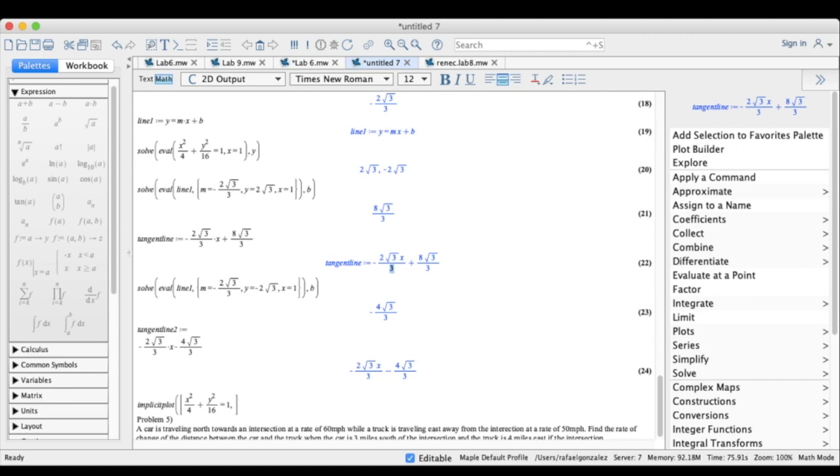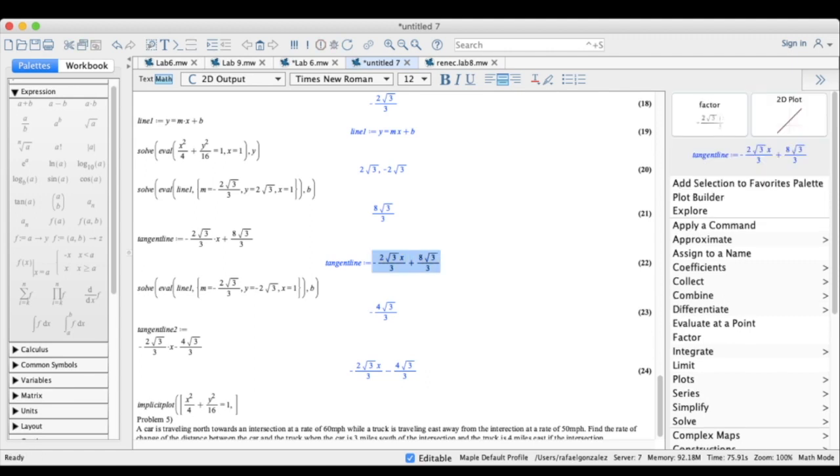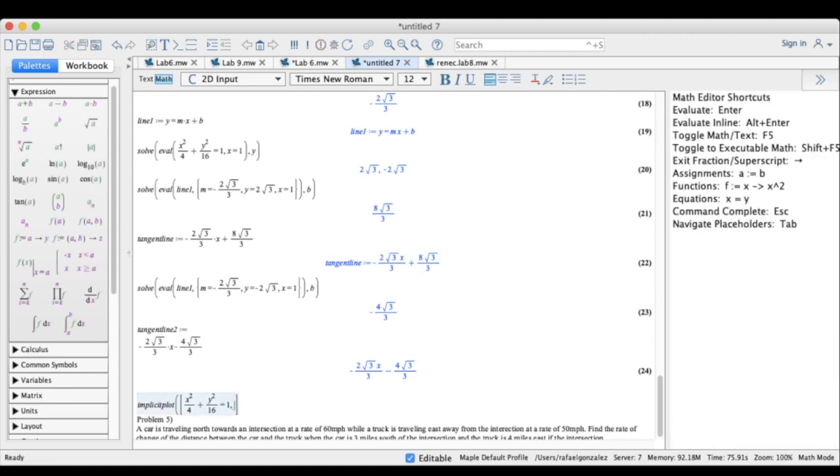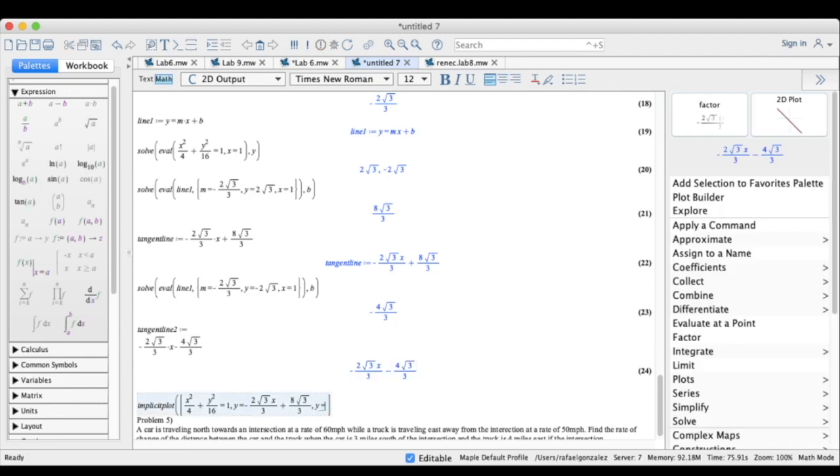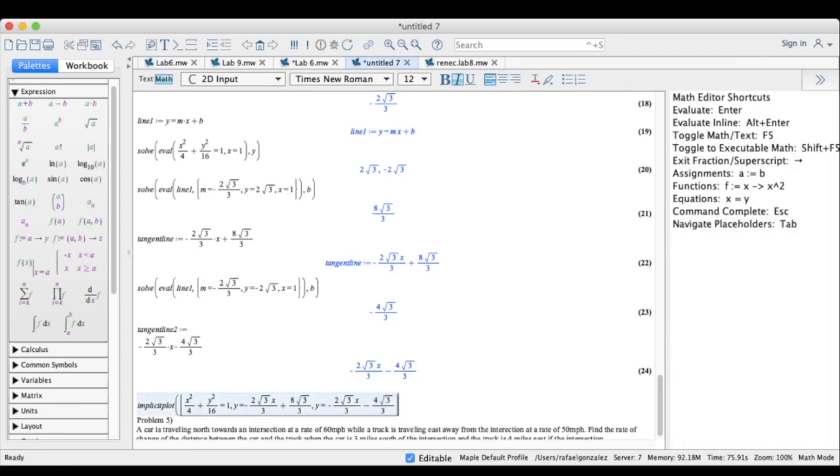I could just do y equals, that would be fine. So we have y equals this, comma, y equals this. And we'll be plotting this once more from x equals minus 5 to 5, y equals minus 5 to 5, and again scaling equals constraint.